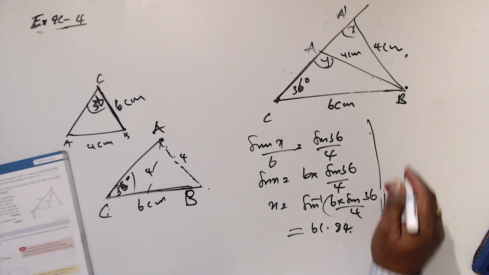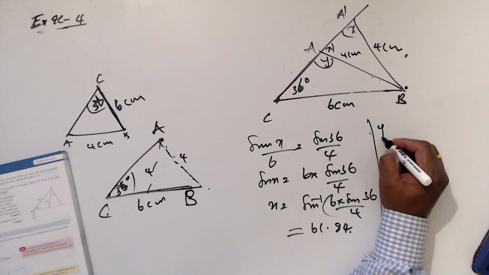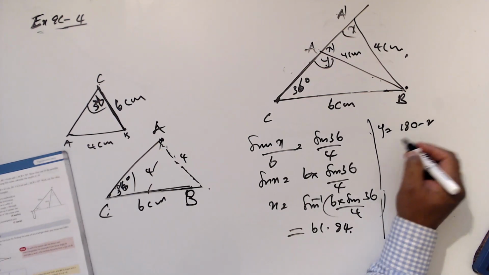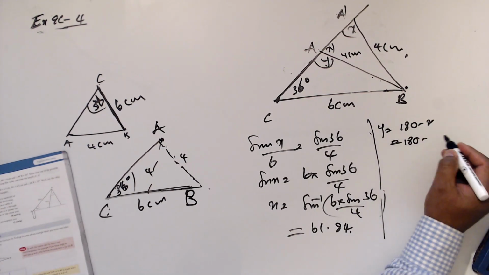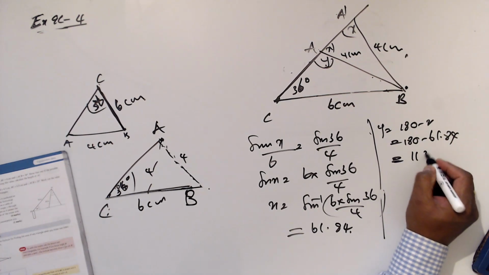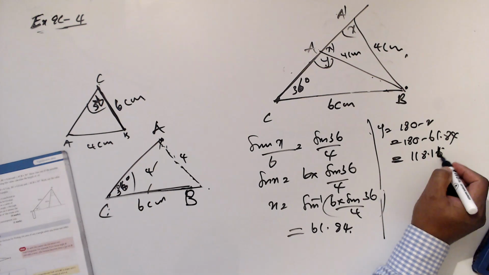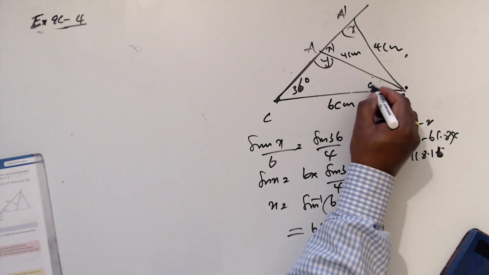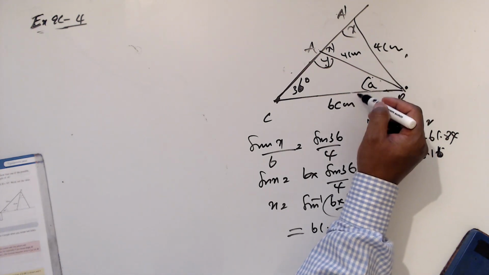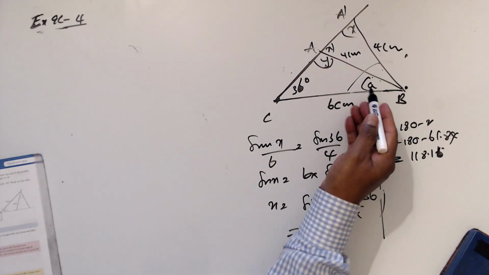We can find this is x, then this is x. This is y equals 180 minus x, 180 minus 68.84, which is 118.16. I can see this is a small angle, the other one is a big angle, so I'll stay with the small angle.